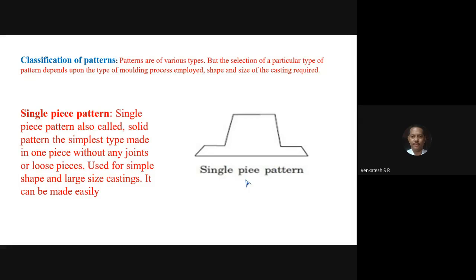That depends upon the type of pattern, and on that basis the patterns are classified. Again, all of you write down the classification of patterns, underline that. Below that, write down patterns are of various types. Write down the explanation.